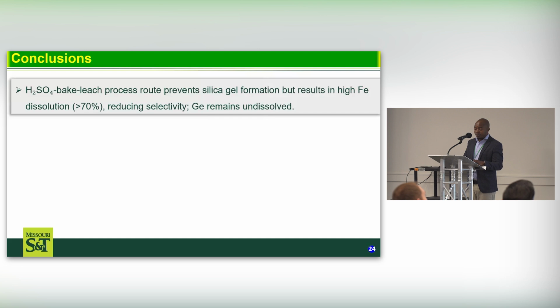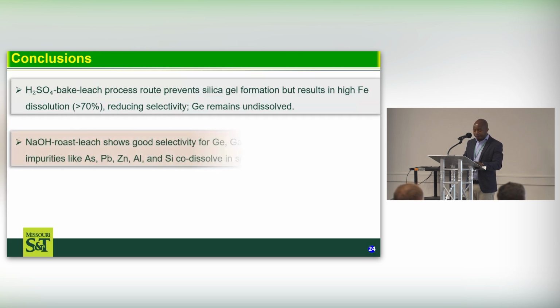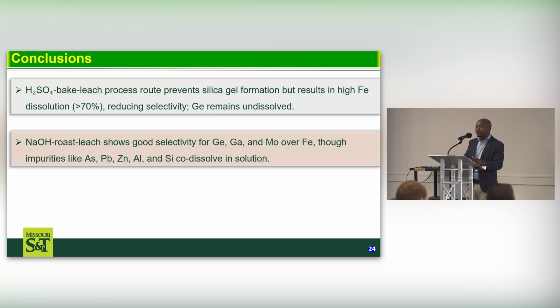What we can conclude so far is that the acid bake leach process route prevents silica gel formation. However, once we do the leaching, we still have a high amount of iron going into solution. Besides that, we have germanium remaining undissolved, which is tied to the SiO2. The sodium roast leach process showed good selectivity of these two critical elements and molybdenum over iron, which is a good thing.